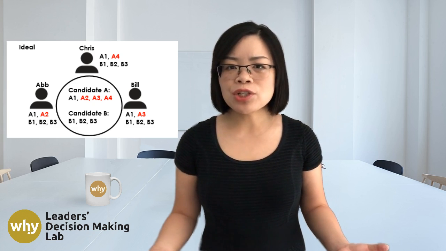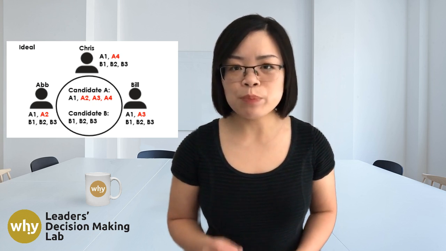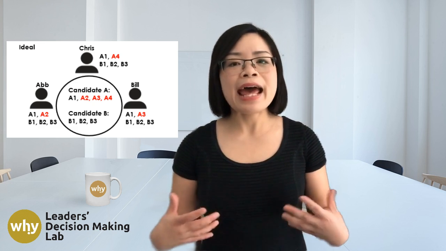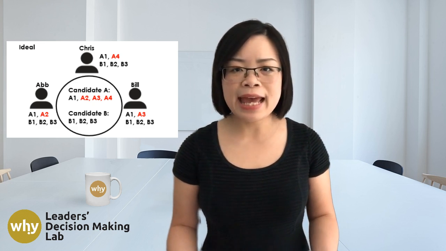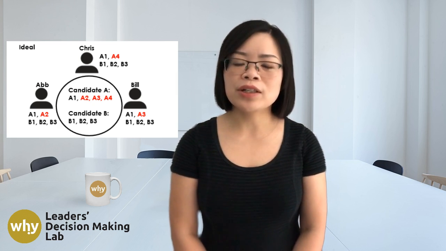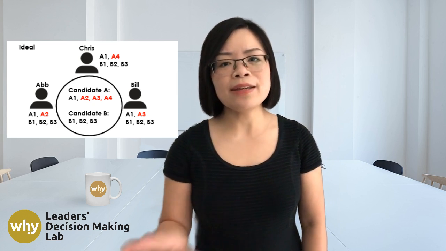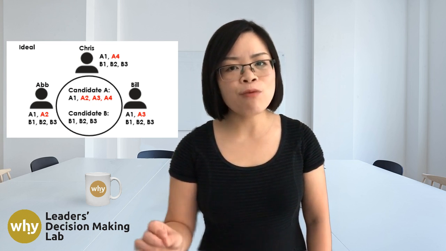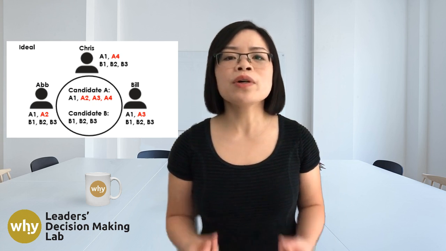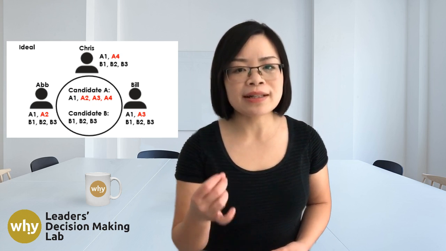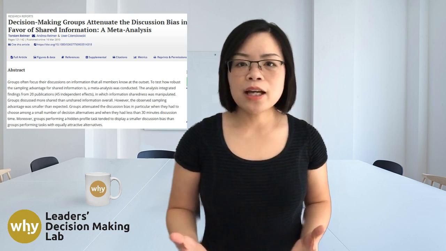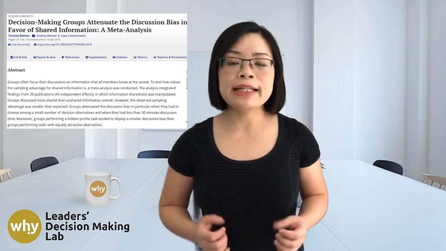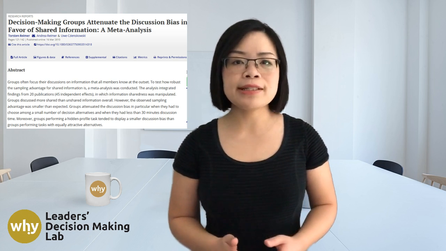However, research shows that only 18% of the people would actually choose candidate A. This decision error occurs because the unique information about candidate A, A2, A3, and A4, was not shared or discussed in the group, even though the information was accessible to the group. This type of information asymmetry is detrimental to decision quality.